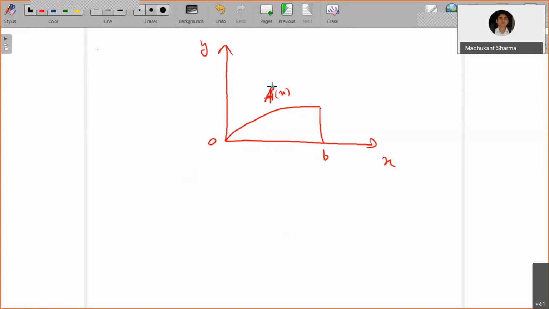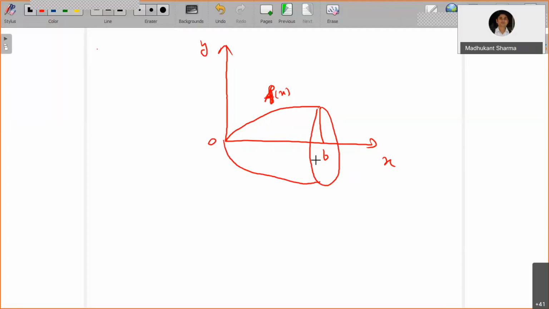Now if you rotate it about the x-axis, from 0 to B, that will give you the solid of revolution.